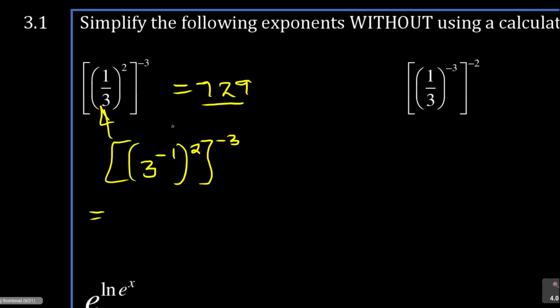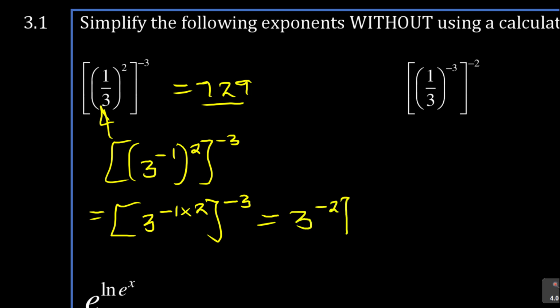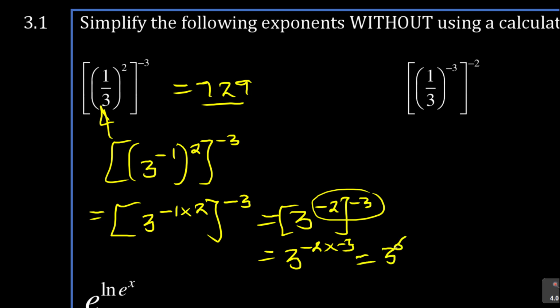So I will say big bracket, 3 to the power of -1 times 2, close the bracket, -3, which is 3 to the power of -2, again close the bracket, -3, where you multiply those exponents: 3 to the power of -2 times -3, which is 3 to the power of 6, and if you check 3 to the power of 6, it will give you that. Those are things they need to see as you're working.